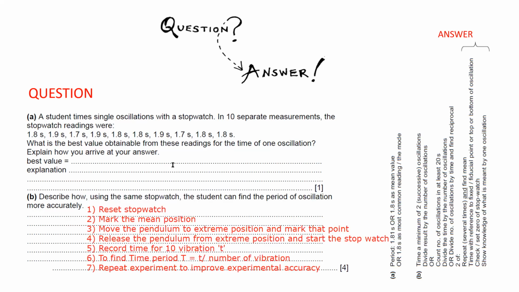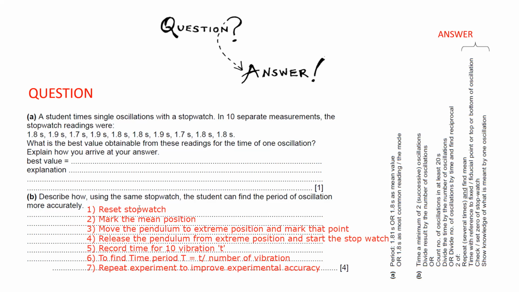Reset the stopwatch, mark the mean position, move the pendulum to the extreme and mark that point. Release the pendulum from the extreme position and start the stopwatch. Then record the time for 10 vibrations. Then divide the time by the number of vibrations to find the time period, and repeat the experiment to improve the experimental accuracy.